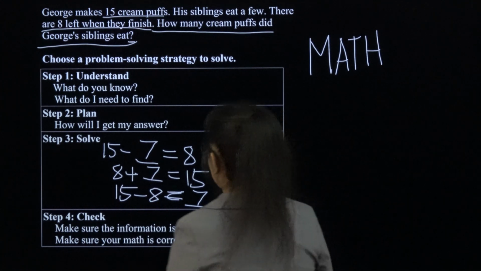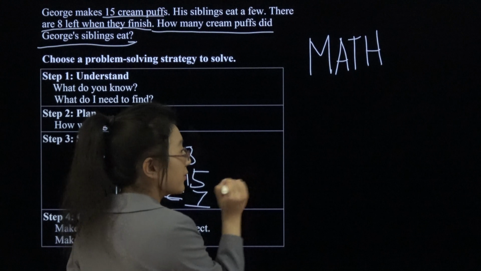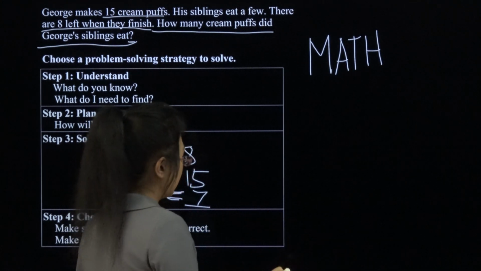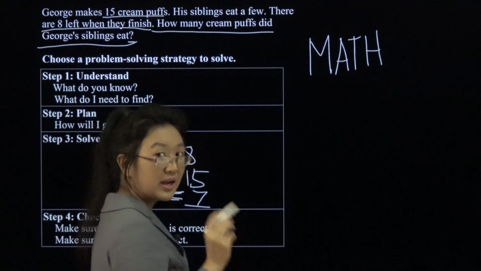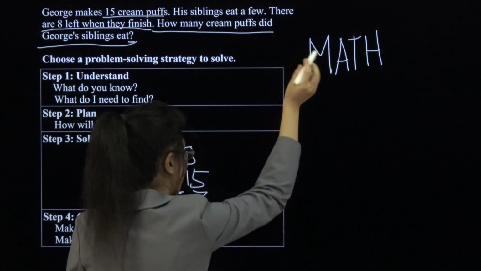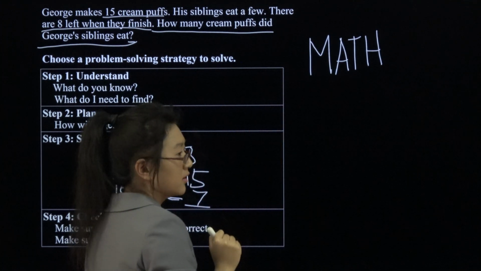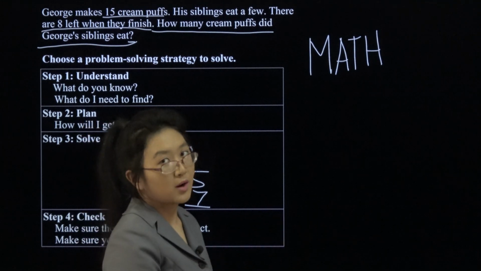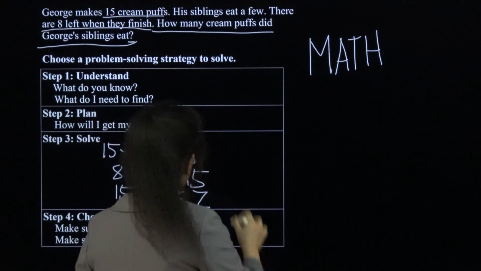But we've forgotten something. Something very important in at least later grades. It might even be important to you now, depending on your teacher. You need to write your sentence that states your answer, because you aren't exactly reading the sentence out.